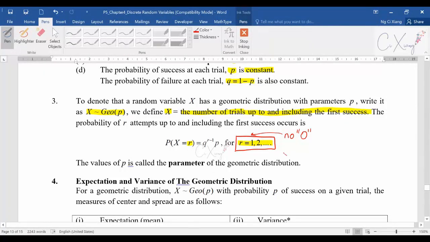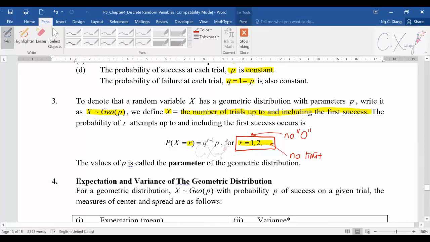For the binomial distribution, your largest value of r is n, the number of trials. For the geometric distribution, there's no limit, which means r can go to infinity, but it must be an integer, like 100, 103, and so on. Definitely can. So this is a very small difference between the geometric distribution and the binomial.